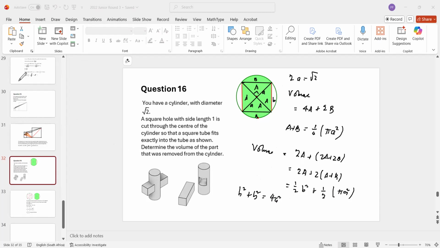I can put everything in terms of a. So b squared is 2a squared. Right, so if b squared is 2a squared, half b squared is a squared. So I can replace this half b squared by half of 2a squared, which is a squared.